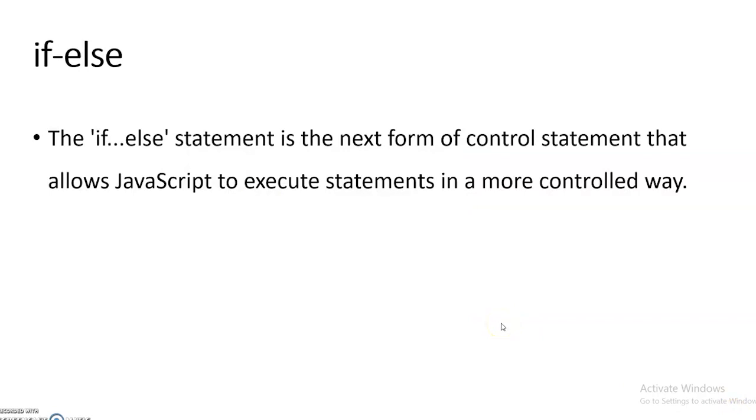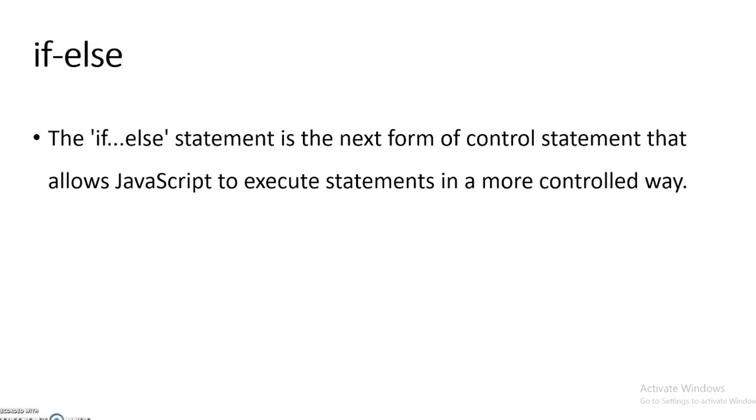Then the if else, or else if statement. It is the next form of control statement that allows JavaScript to execute statements in a more controlled way. In the simple if, there is only one set of statements to execute if the condition is true. But in the if else statement, there is a true block and a false block.